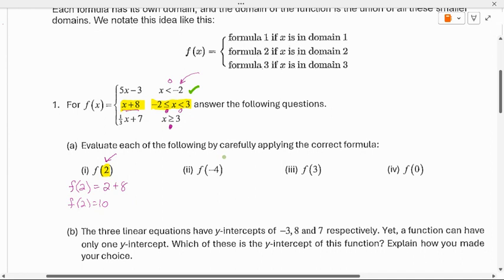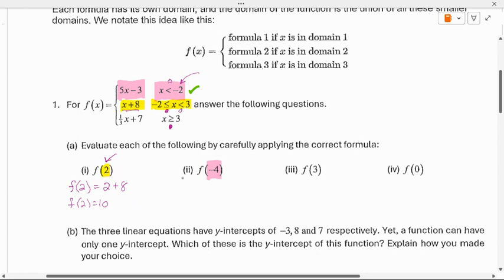Our next function wants us to evaluate f of negative 4. So we need to figure out what function has a domain restriction for x at negative 4. Well, that's all x values that are less than negative 2. So that means I'm evaluating this function, 5x minus 3.